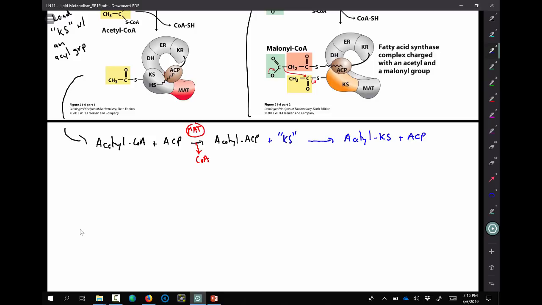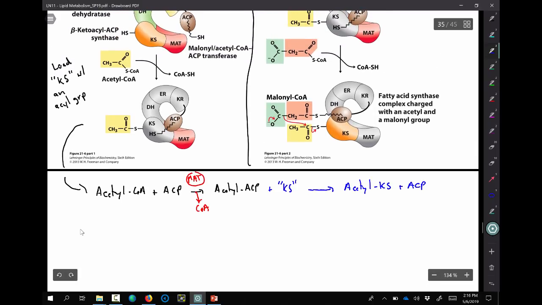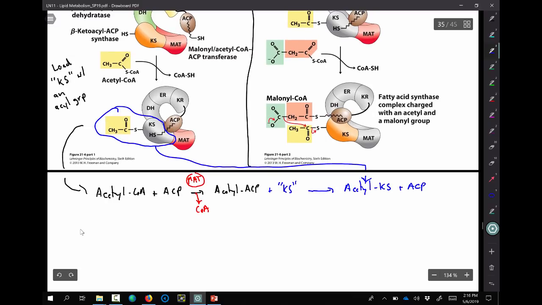So the acyl carrier protein picks up the acetyl group from the MAT, and then the ACP takes it to KS, and the acetyl group is transferred to KS. So what you're left with here is acetyl KS. That would be step one.